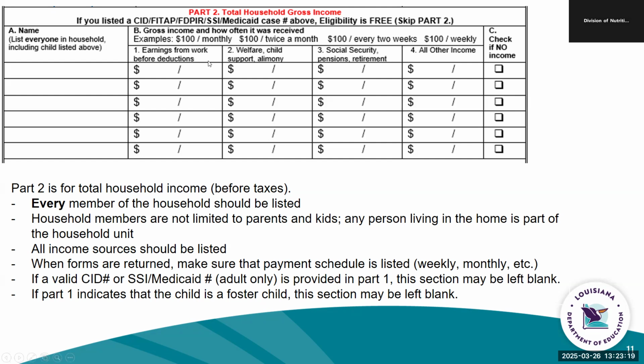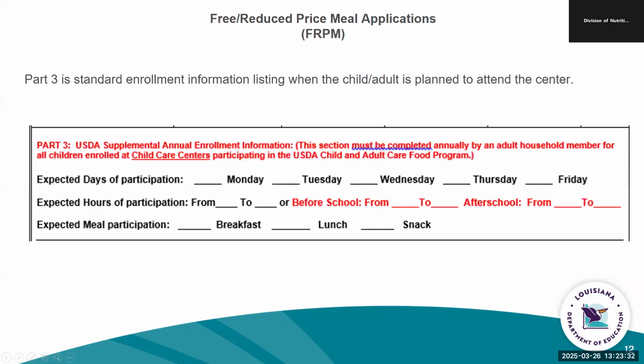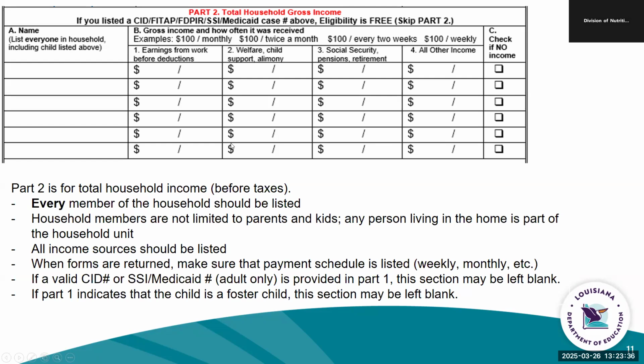We're seeing, unfortunately, very frequently, that we need to know how often they're paid. Are they making $100 a month, twice a month, every 2 weeks, or $100 weekly? That makes a big difference to whether they're free, reduced, or above. And that is very important. And that's where it goes, right there where the mouse arrow is.